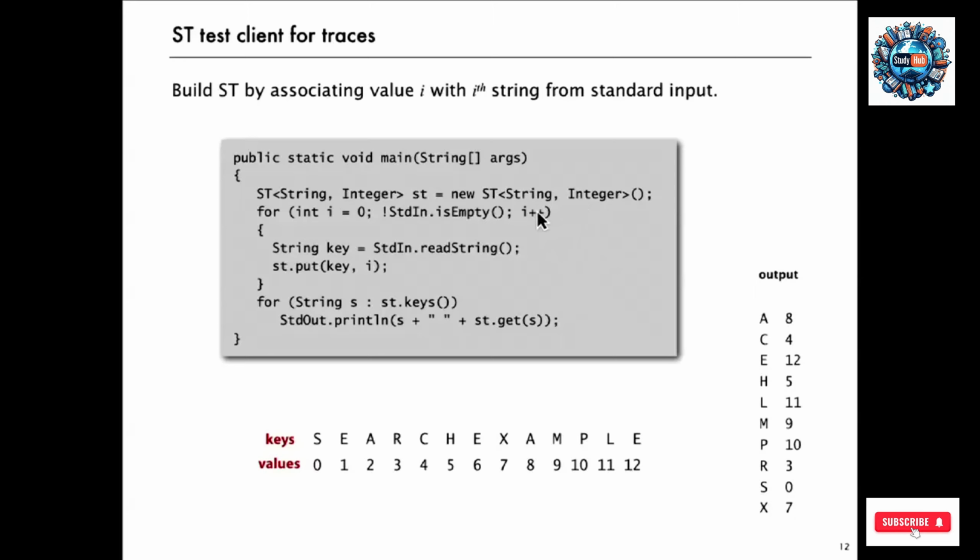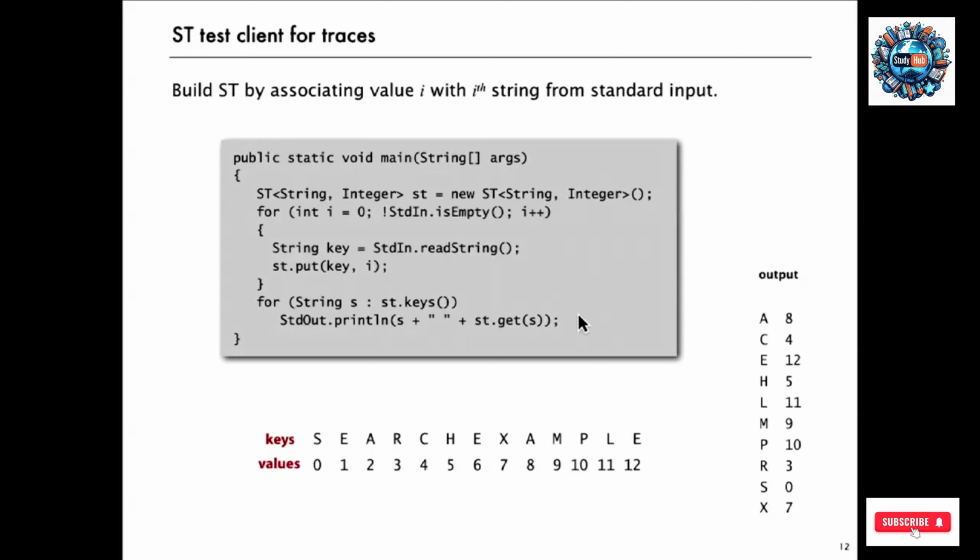And so what the test client is going to do is go in a loop as long as standard input is not empty. It reads a string off standard input, and then puts it in the symbol table associated with the value i, where it appeared in the input. So this is an indexing client where we associate each string with its most recent position in the input.